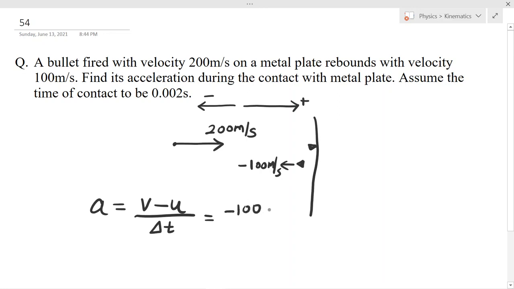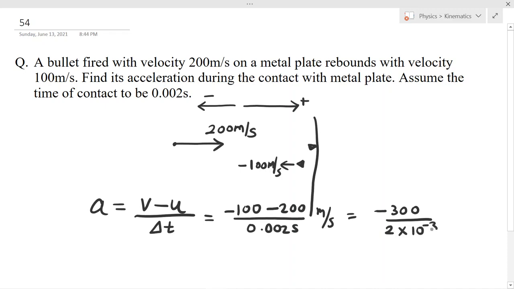This velocity will be minus, so this is minus 100 because it is in the left direction, and the initial is positive, so this is minus 100 minus 200 divided by the time interval, which is 0.002 seconds. So this becomes minus 300 divided by 2 into 10 to the power minus 3 meter per second square.